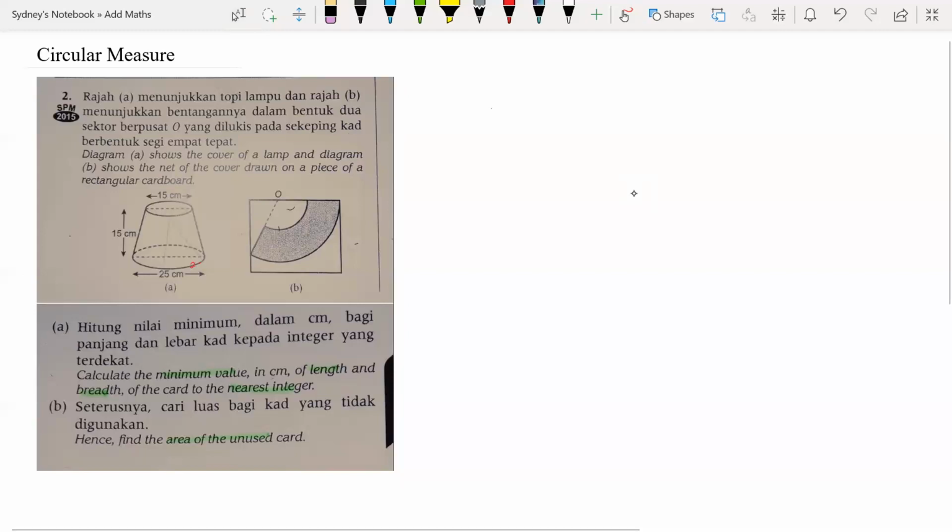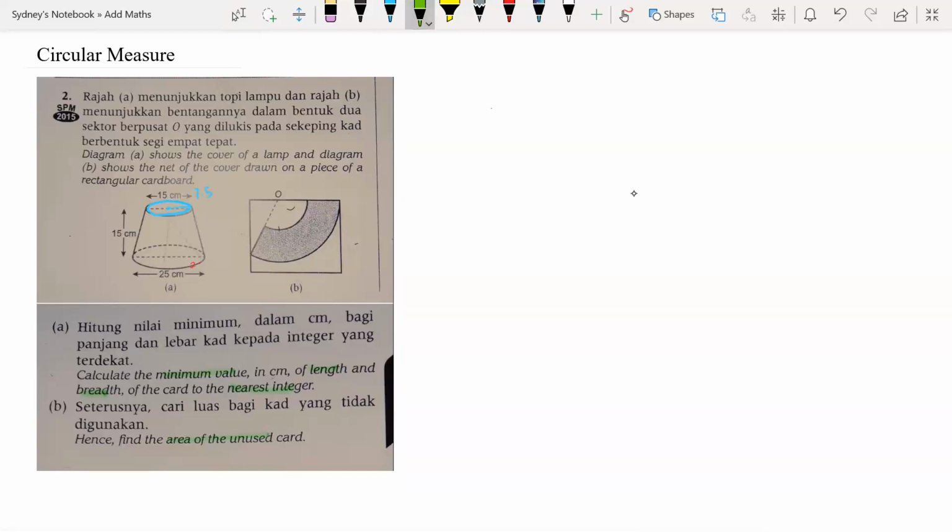So over here, let's compare the corresponding sides of diagram A and diagram B. In diagram A, we have a small circular surface with diameter 15, which means we will have the radius of 7.5.